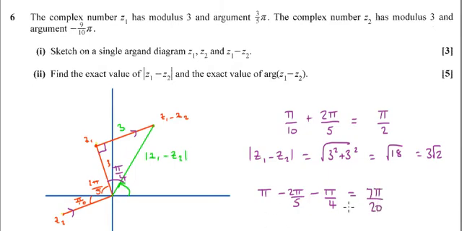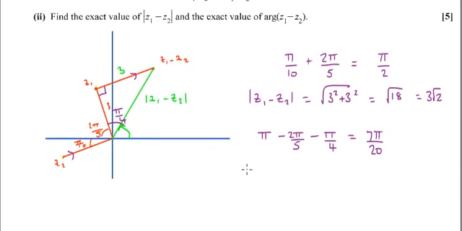So that's the argument. So 7 pi over 20 for the argument and 3 root 2 or root 18 for the magnitude.